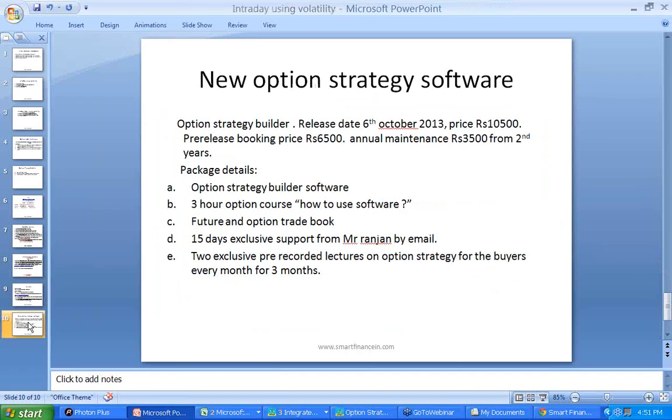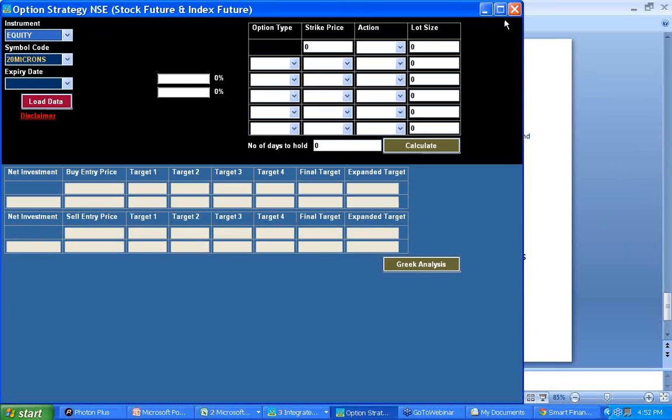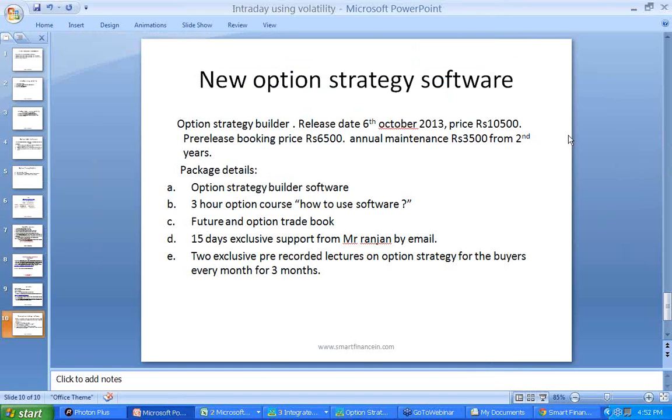Another good news for the traders. Every month a few hundreds of calls we get for option strategy software. As per the demand, Mr. Ranjan has innovated a new tool called Option Strategy Builder. We are happy that we are going to release it on 6th of October during our Chennai web seminar.